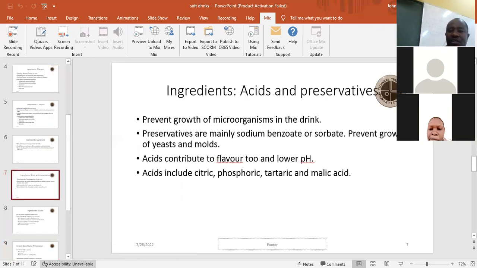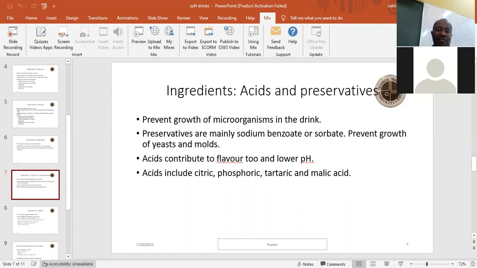And then eventually you have the acids and preservatives. These acids are usually organic acids. You don't use chemical acids like nitric acid, neither do you use hydrochloric or sulfuric. These are the organic acids, like phosphoric, tartaric, malic, or citric acid.